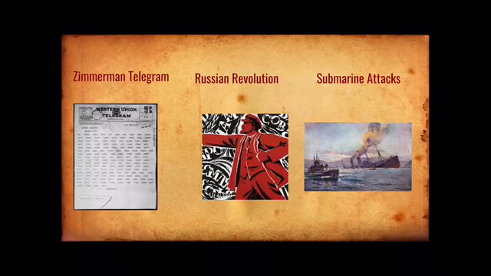The first and most interesting one is probably the Zimmermann telegram. The Zimmermann telegram was a secret telegram that was sent from the German Foreign Office in January of 1917. The telegram, which is pictured there, proposed that Germany and Mexico would be allied, and if the U.S. lost in this war, Mexico would be given back Texas, Arizona, and New Mexico.